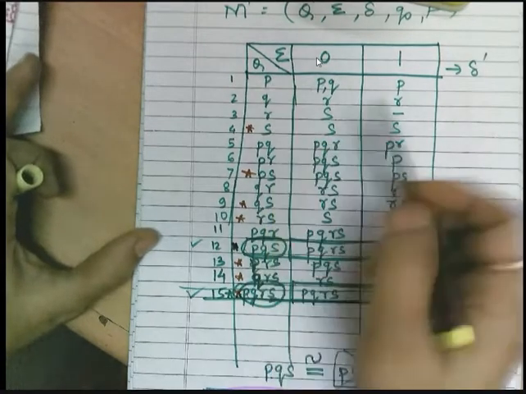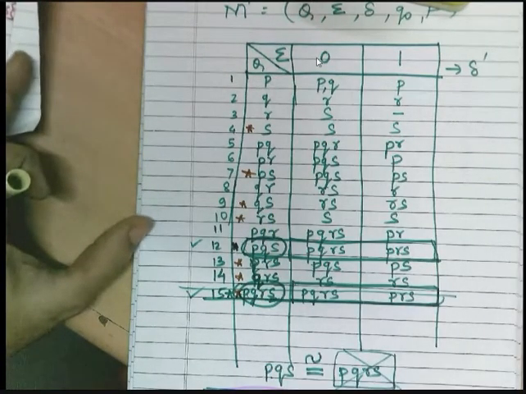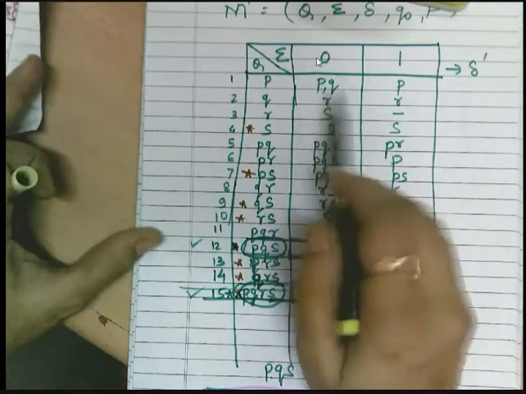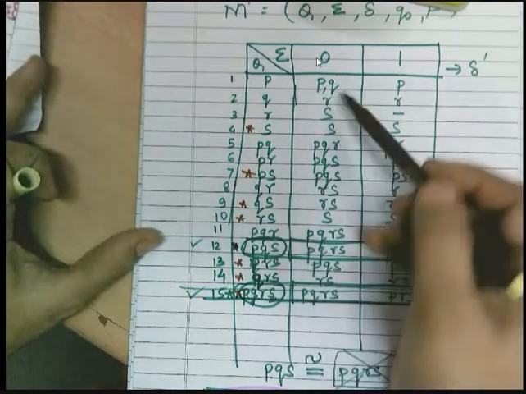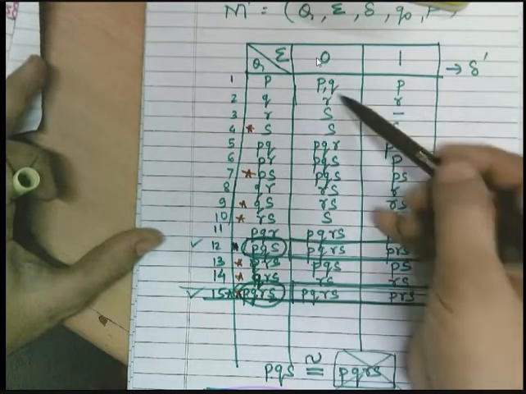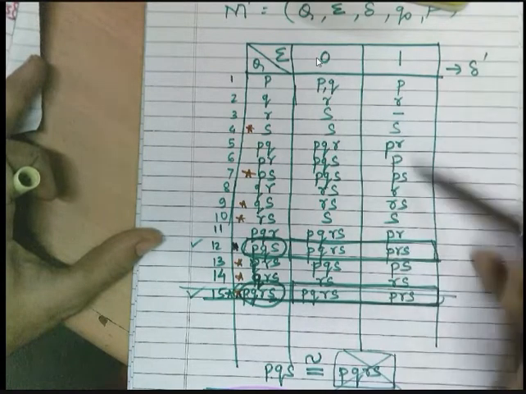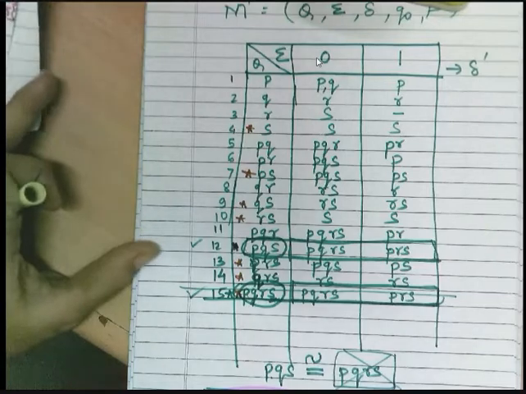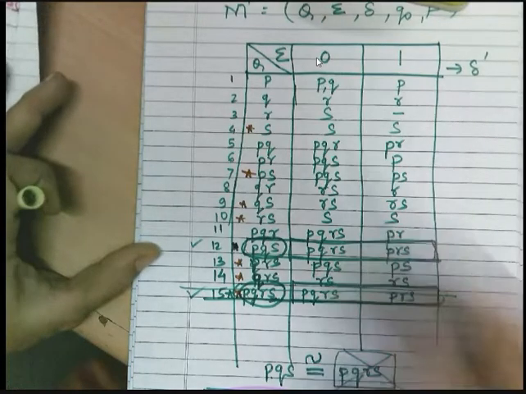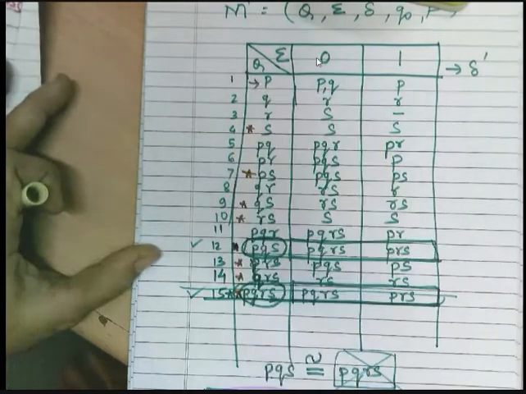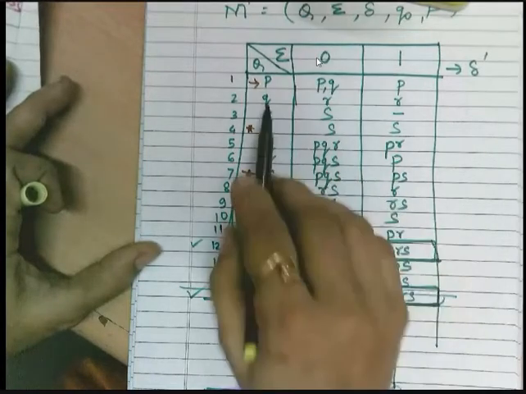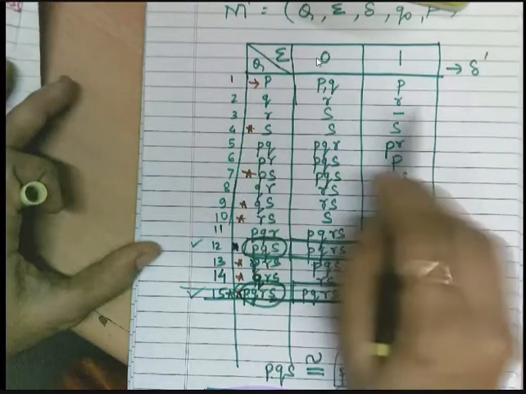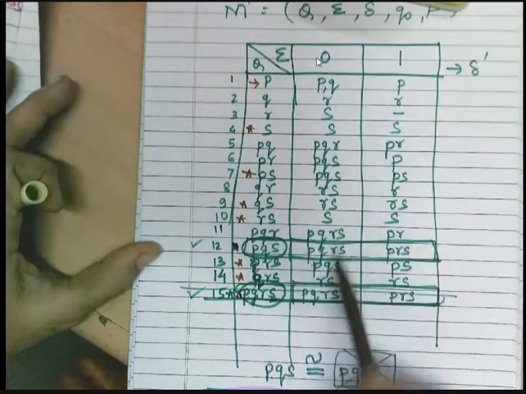Now, very first we will check for equivalent states. PQ and P, do you find this combination anywhere? No. So it is an individual state. P must be there, this is your initial state. Now the second row, R: anywhere you find R?